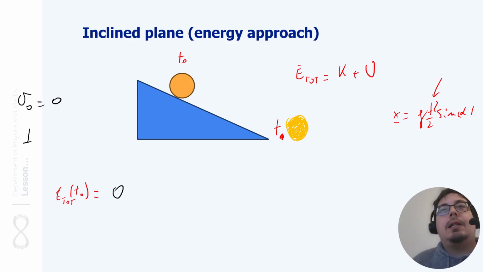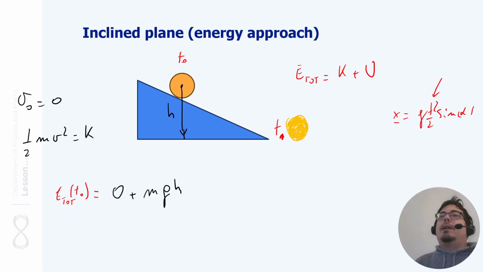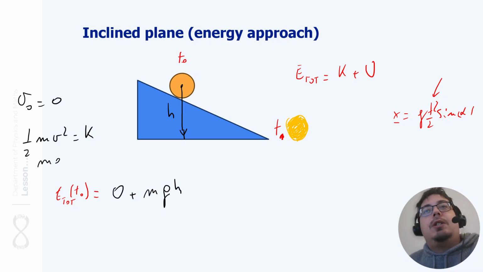The kinetic energy is m v squared, and if v is 0, the kinetic energy is 0, plus m g h. And h is this distance here from the ground, the initial point. m g h is the potential energy that we have.